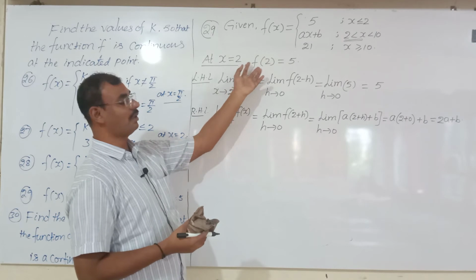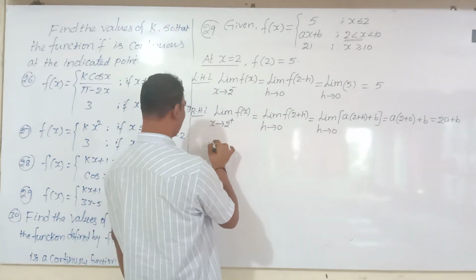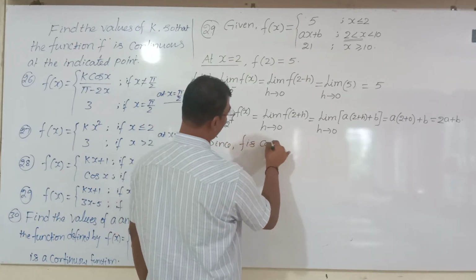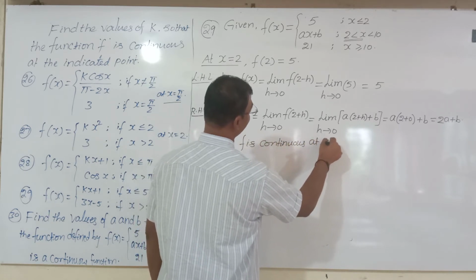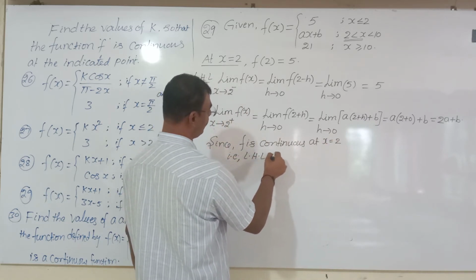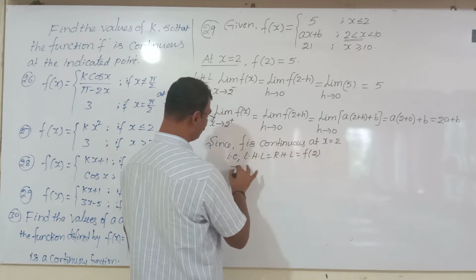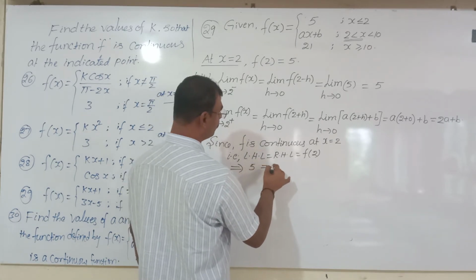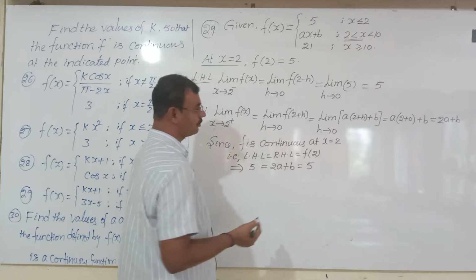Since f is continuous at x equal to 2, LHL is equal to RHL is equal to f of 2. So the LHL value is 5, equal to 2a plus b, equal to 5.